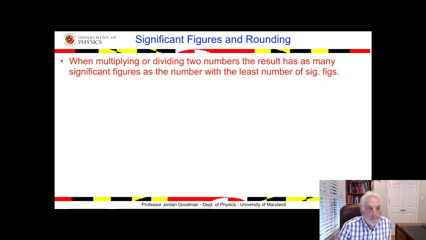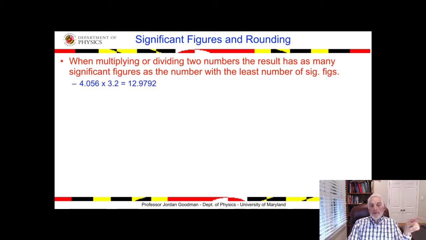Okay, so a rule that we're going to talk about a little bit later in this video is what you do when you multiply or divide 2 numbers. But the bottom line is that when you multiply or divide 2 numbers, the result has as many significant figures as the number with the least number of significant figures. So let me give you an example.